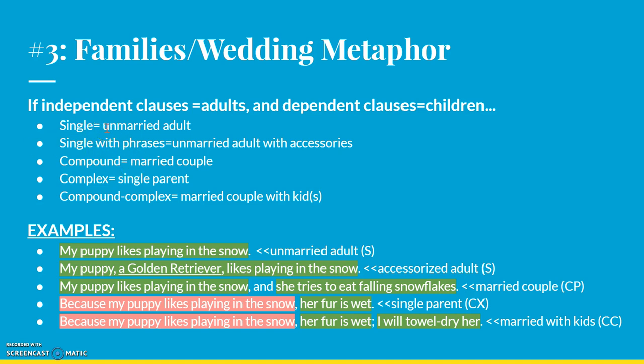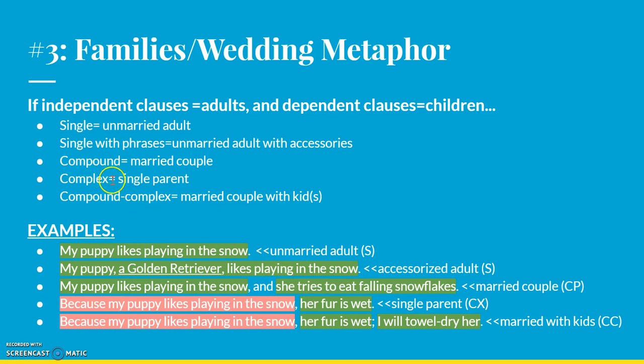So if you think of a single independent clause or a single simple sentence as an unmarried adult, and a single one with phrases as just an unmarried adult with accessories, so maybe a well-dressed one, then you can see number 1 and 2 down here as like one single adult. A compound sentence is like when two adults get married. See, for number 3, adult number 1, adult number 2, and now they're together.